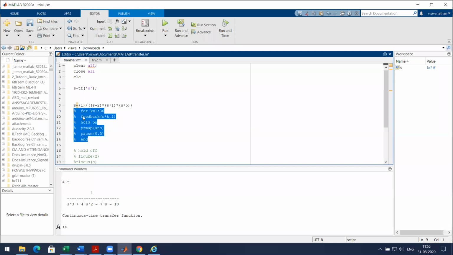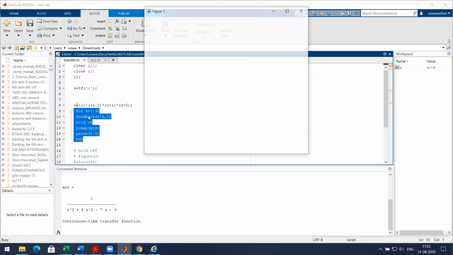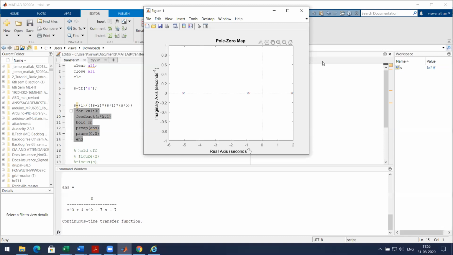If I comment this and run this, you will see how it varies for k equal to 1 to 30. The value of k keeps increasing, and it plots the pole zero map. This is nothing but the root locus, but step by step. Root locus plots everything at once, but here you are able to see what is actually happening.